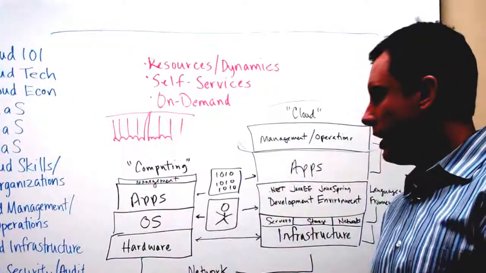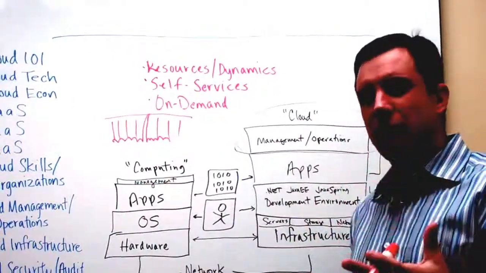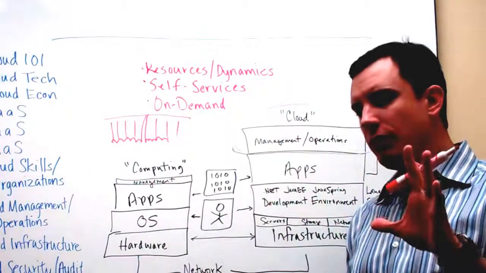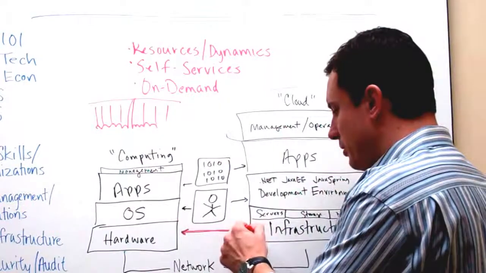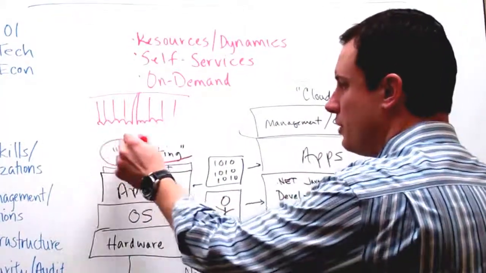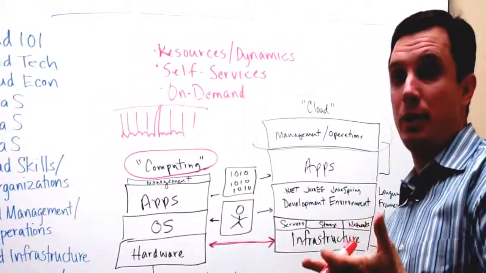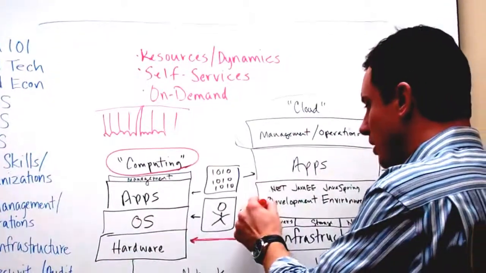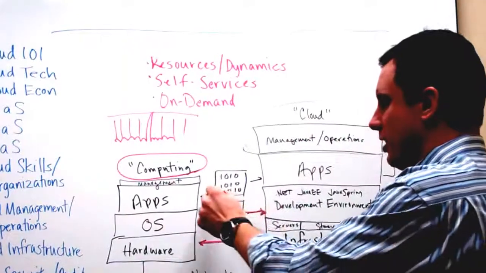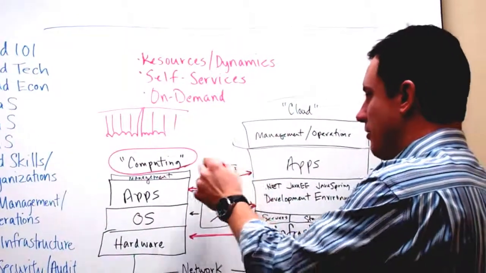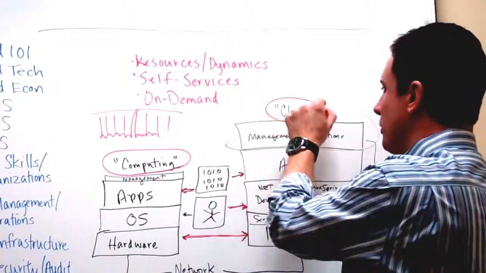So hopefully, as we think about the underlying technologies for cloud computing, there's a direct analogy that can be drawn between what we used to know from traditional computing, or individual computing devices, to the operating system and development environments, hardware and infrastructure, and applications, to what we call a cloud.